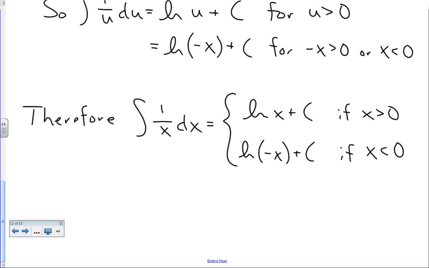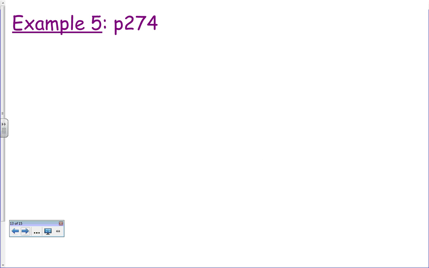It would be nice if I could somehow combine that into a single quantity, and oh yeah, that's what our absolute value function is. The ln of the absolute value of x plus c is equivalent to that. So in fact, the integral of our reciprocal function is not just the ln of x, but rather it's the ln of the absolute value of x plus c. All right, there is the proof of that.